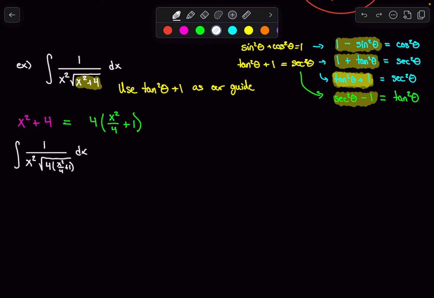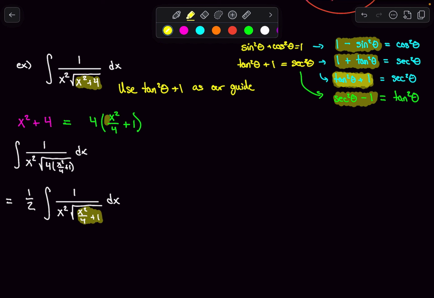I can pull that out of this integral, and so we're going to have 1/2 times the integral of 1 over x squared times the square root of x squared over 4 plus 1 dx. Now, things tend to look worse before they get better in this class, and this problem is no different. But now I have x squared over 4 plus 1.